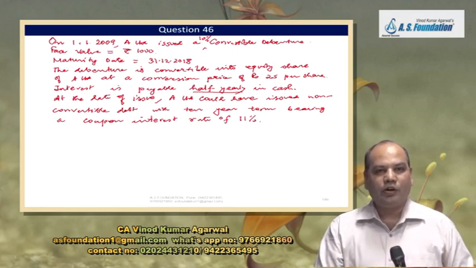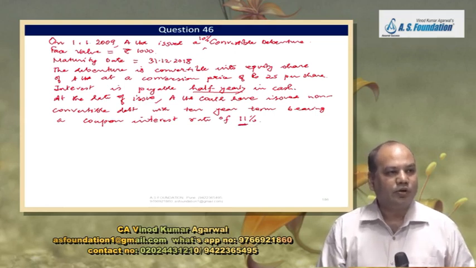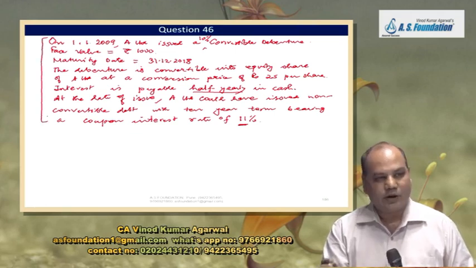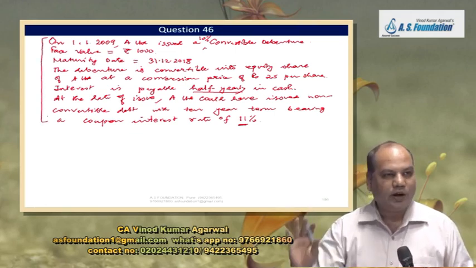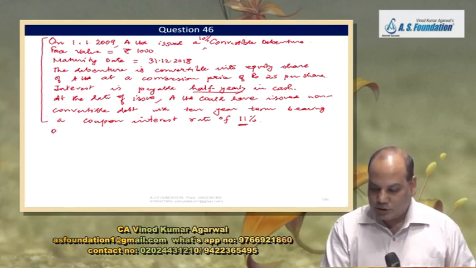Bearing a coupon interest rate of 11% means without conversion option, market rate of interest is 11%. This much you can solve. This is the first part. Normal question, you can divide the liability and equity portion. But then the story changed suddenly on 1-1-2014.